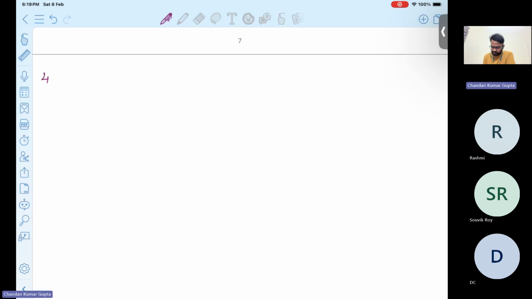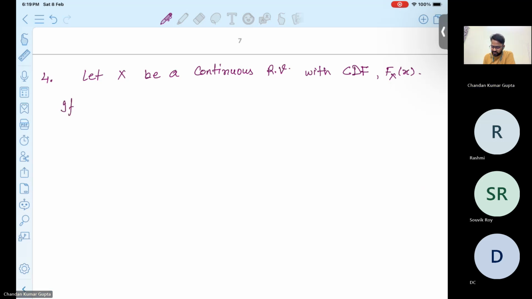Also, suppose X is a continuous random variable with CDF, the cumulative distribution function, which we usually denote F_X, and suppose the expected value of X exists.